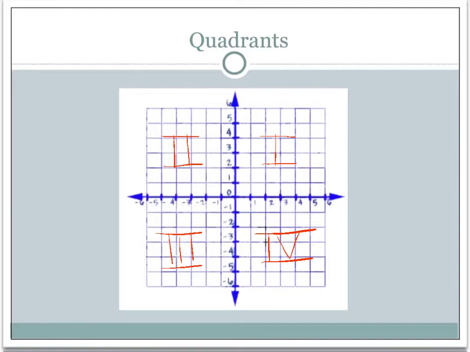Now you can know which points are going to be in which quadrants because in quadrant 1, all of the points will be positive x values and positive y values. In quadrant 2, they're going to be negative x values and positive y values. In quadrant 3, negative x values, negative y values, and in quadrant 4, positive x values and negative y values. Because remember, this is still your y-axis and this is still your x-axis.